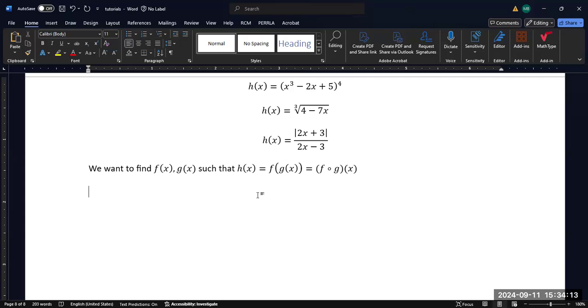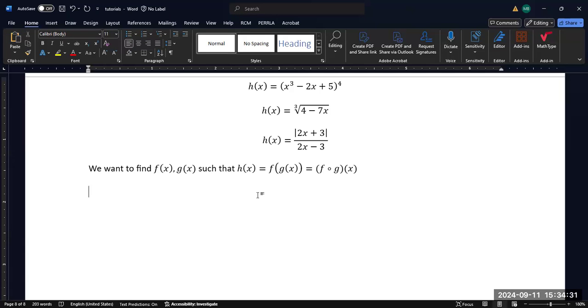But generally speaking, you don't have to overthink this. Generally, if you've got some sort of global behavior, you want to think about using that as your f function, and then anything that's on the inside, think about that being the inside function.